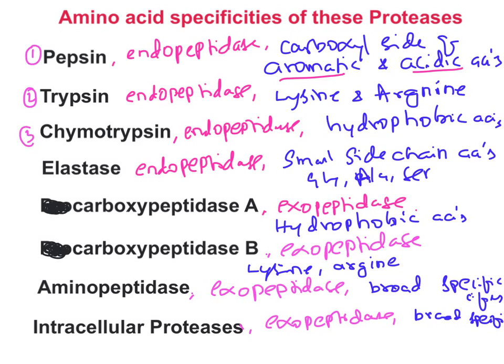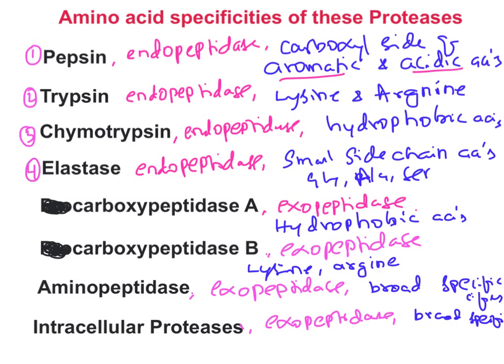Then we have chymotrypsin, a pancreatic protease and an endopeptidase, active on the carboxyl side of hydrophobic amino acids. Then elastase, again a pancreatic protease and an endopeptidase, acting on the carboxyl side of small side chain amino acids like glycine, alanine, serine.